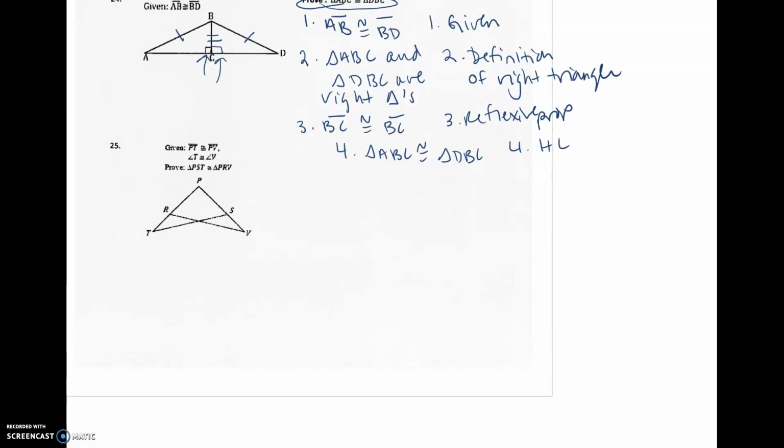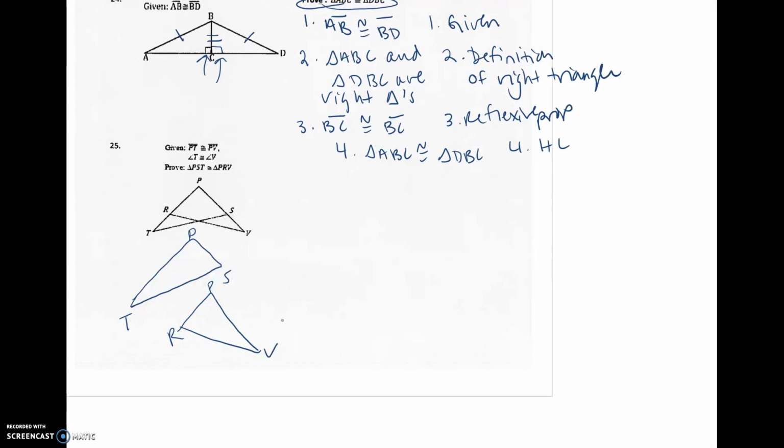All right, last one, and then this video will be done. Remember, anytime you have these, I would draw the two triangles separately. So triangle PST, and then the other one, triangle RPV.